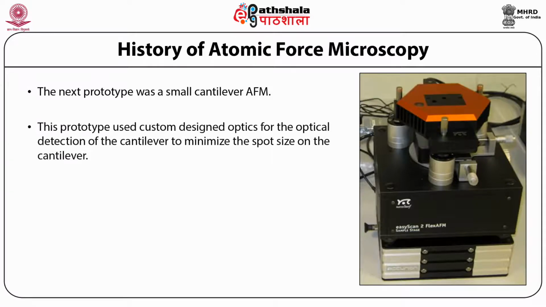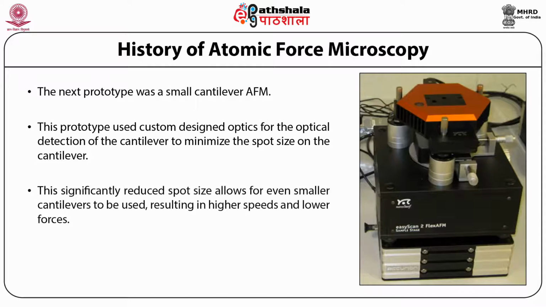The prototype used custom designed optics for the optical detection of the cantilever to minimize the spot size on the cantilever. This significantly reduced spot size allows for even smaller cantilevers to be used, resulting in higher speeds and lower forces.